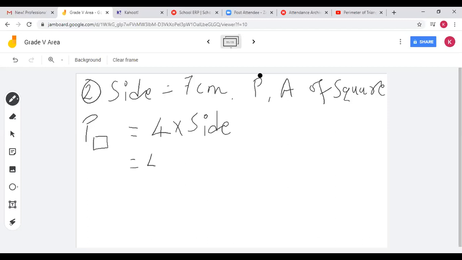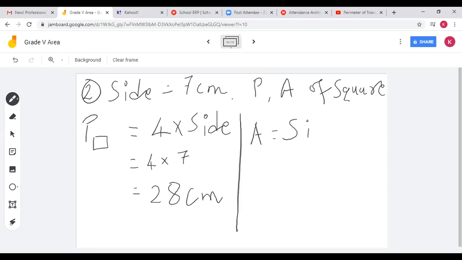So 4 into 7. 7 4s are 28. How many? Centimeters. And area is equal to side into side, which is 7 into 7.